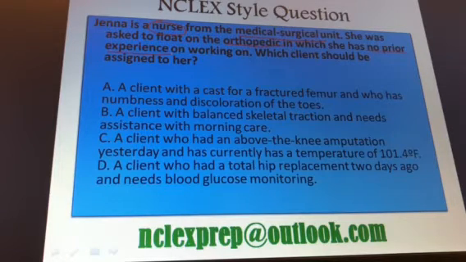So now that we broke this particular question into a few important sections, where the nurse has no prior experience and she's going to an orthopedic unit from a medical surgical floor, in these types of questions, an RN is treated such as an LPN.